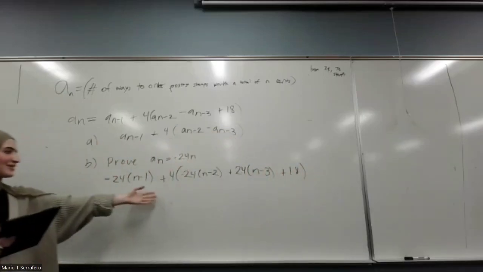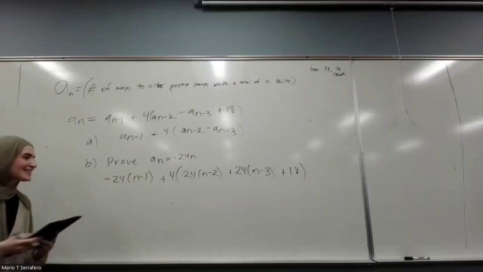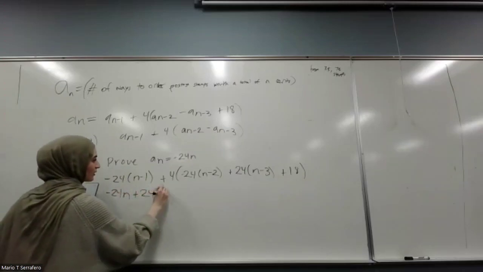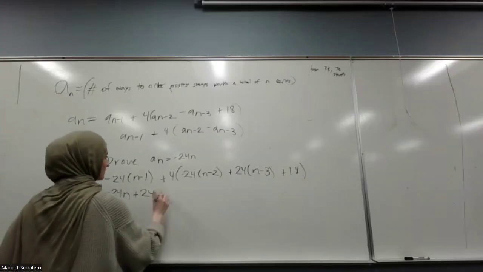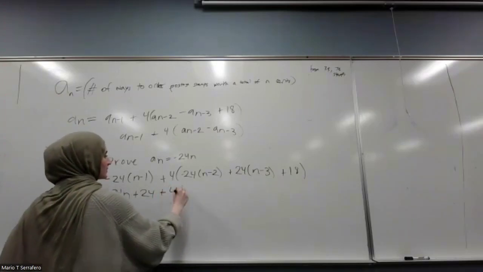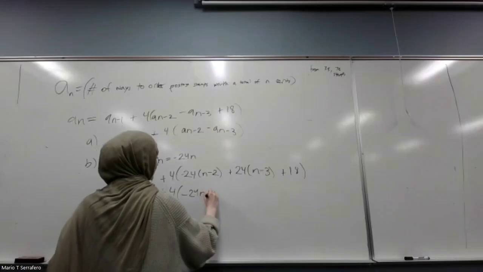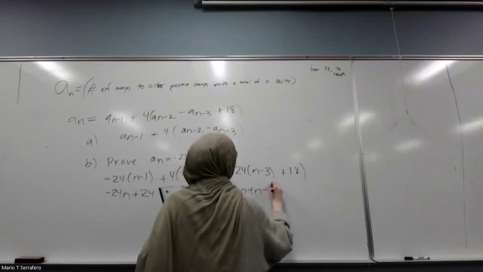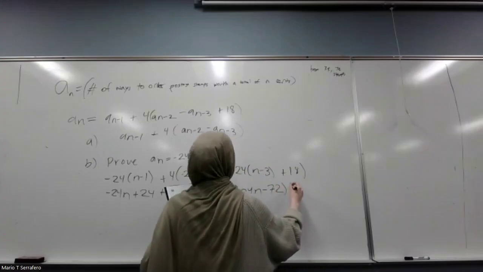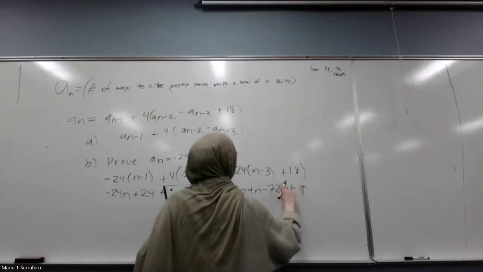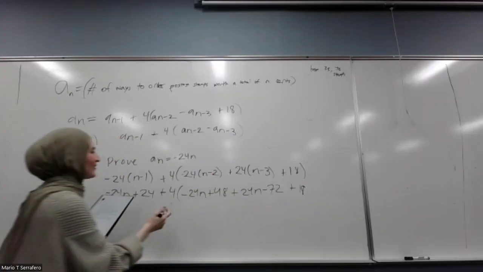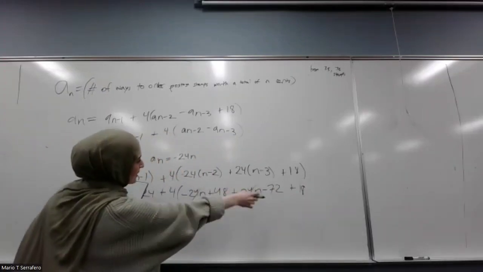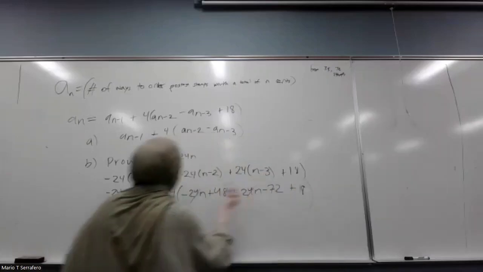So then it's simply multiplying it out, which is tedious, but you'll get minus 24n plus 24, and then plus 4 times minus 24n plus 48 plus 24n minus 72 plus 18. Okay, so you'll see terms cancel, cancel, and then this is minus 24 plus 18 minus 6.